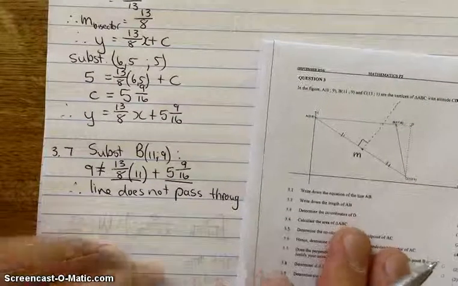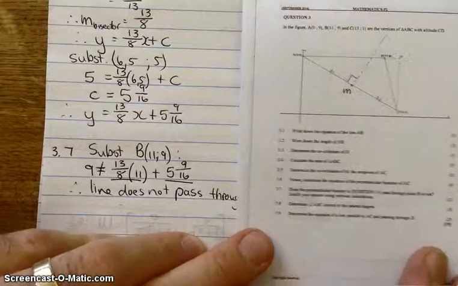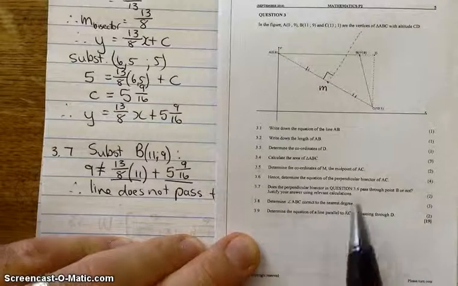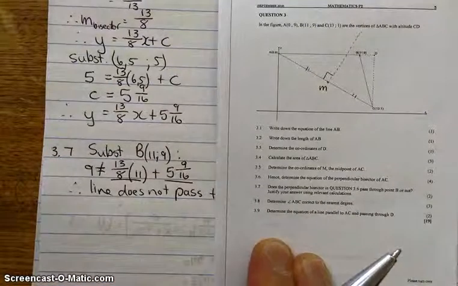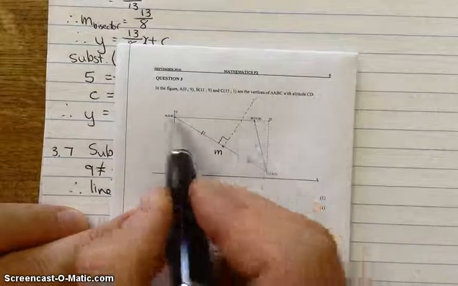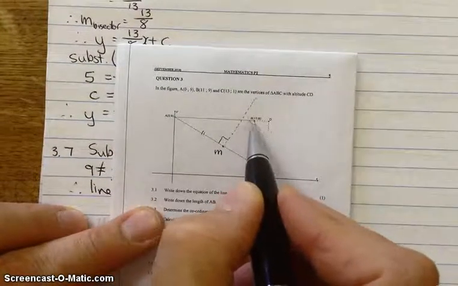Then 3.8. In 3.8, they say determine angle ABC correct to the nearest degree. Now, angle ABC, you make sure that you understand where the angle is. Angle ABC there.